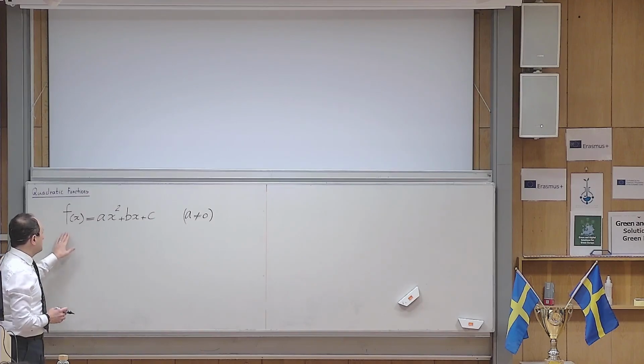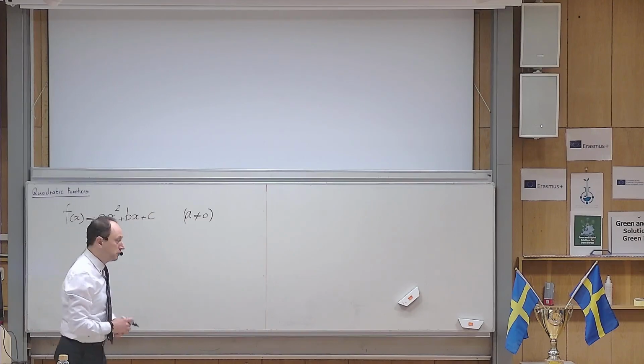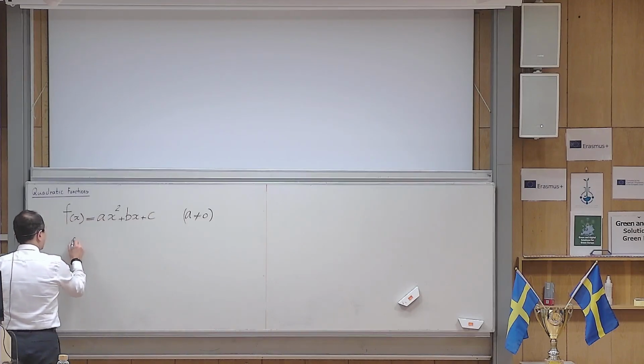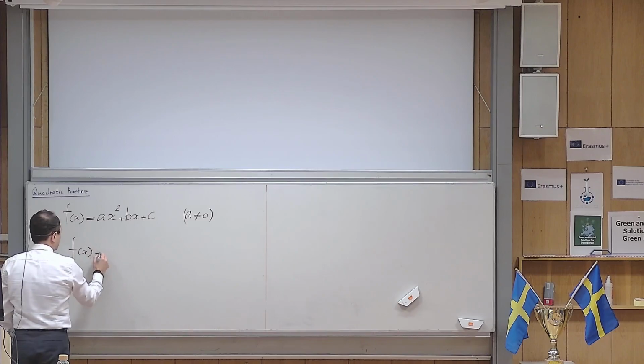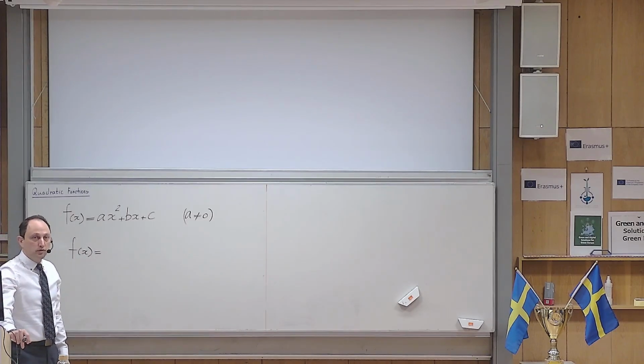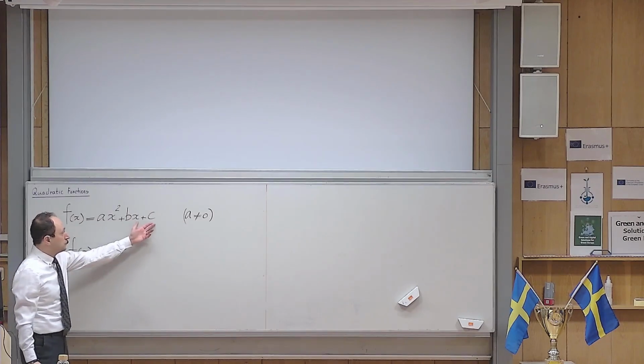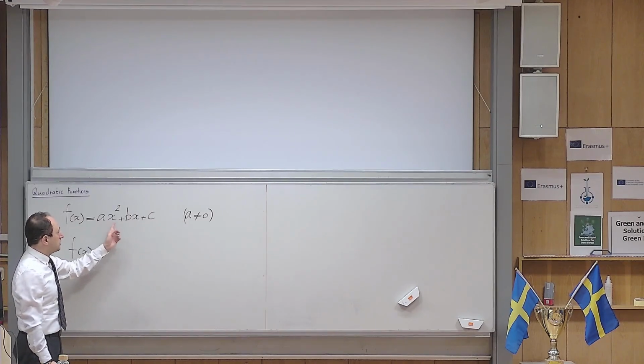The simplest possible quadratic function, what is that? Can you tell me? Because a quadratic function is a function of this form for any choices of a, b, and c.